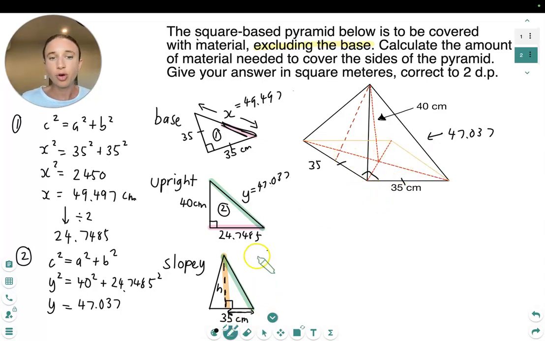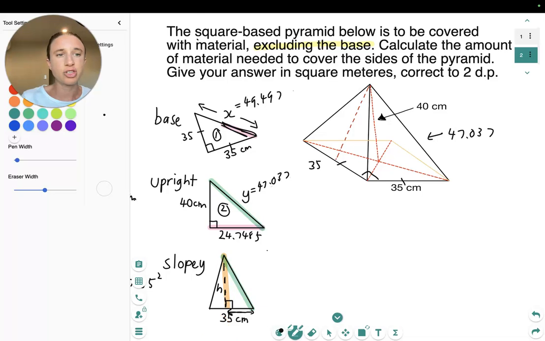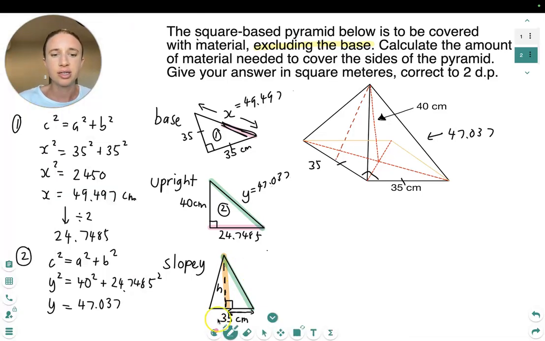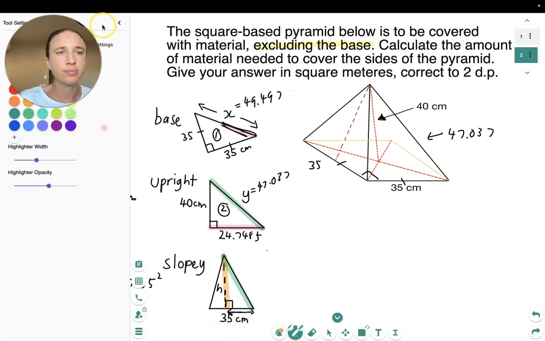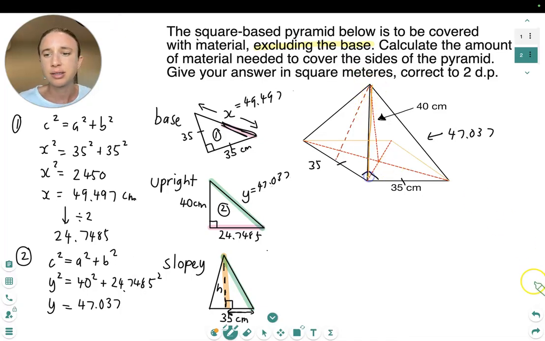Now we've got some more information about our sloping triangle, which is nice. Our sloping triangle is this one, which corresponds to this. We've got a bit more information about it.